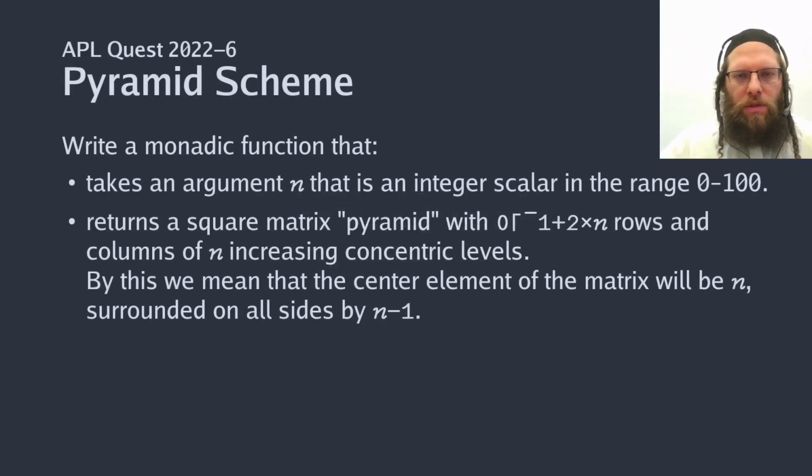We're constructing concentric rings of numbers where we're given a number as argument and that goes in the middle, and then we keep decreasing the numbers as rings around it until we reach 1.